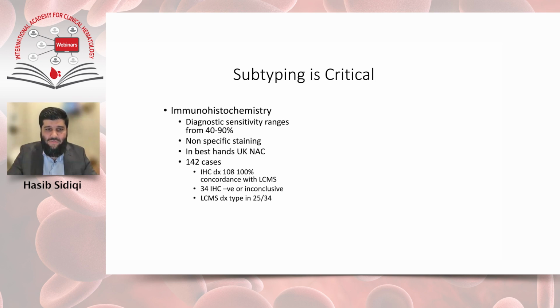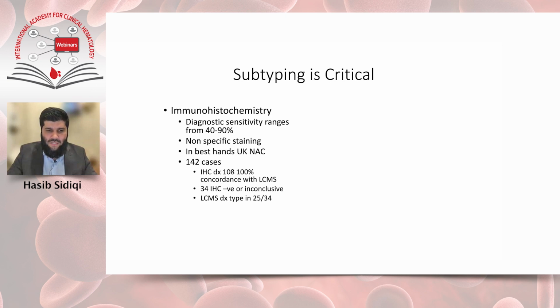Now, traditionally, we have relied on immunohistochemistry. The diagnostic sensitivity of subtyping amyloid deposits using immunohistochemistry varies depending on the centers that it is performed in and the level of expertise in those that are performing the immunohistochemistry. But we know that in the best hands, the diagnostic sensitivity can approach over 95%, close to 100%.